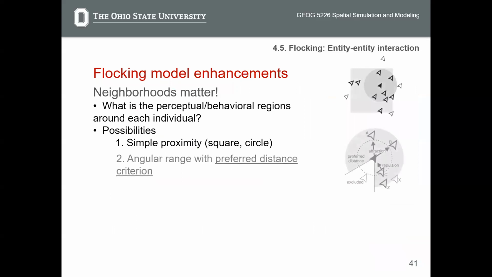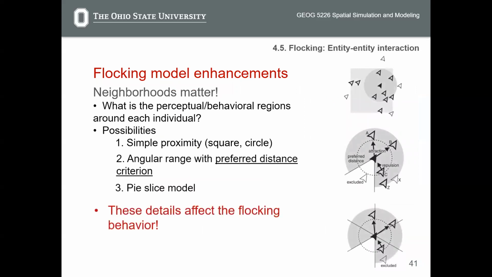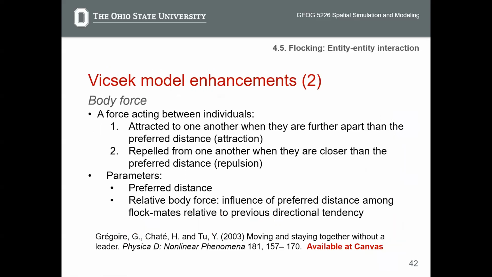If you change the definition of neighborhood, of course, the behavior of the bird of interest here will also change accordingly. Because by the different definitions here, it has different neighbors, and it has different numbers of neighbors. Okay, so the definition of neighborhood is crucial to a flocking model.